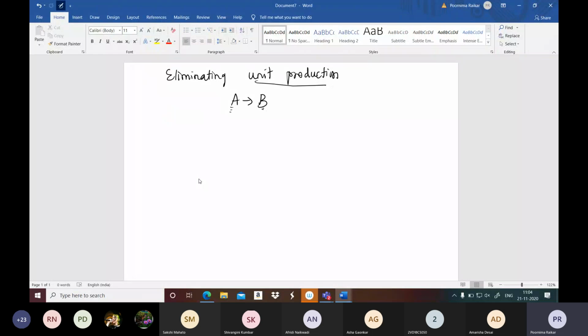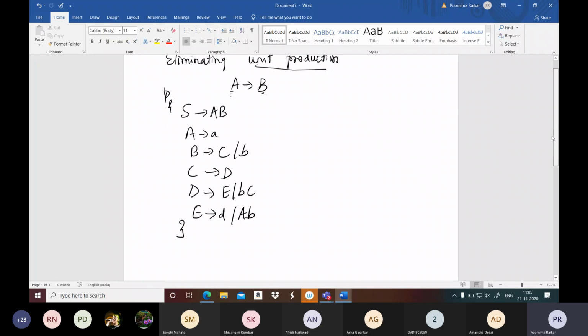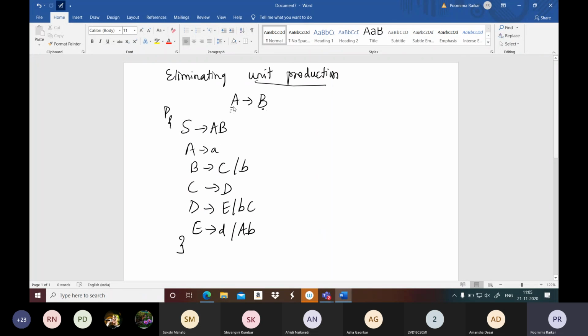So if I just take an example, if you have productions of the form S to AB, next A to a, and so on, the unit productions are those which have a single non-terminal on both sides.